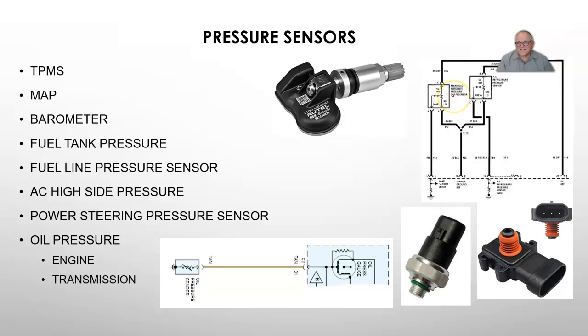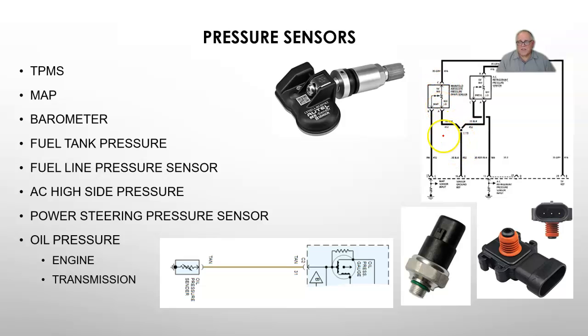Next, if this doesn't plug right into the manifold like this one would down here, there's going to be a vacuum line. Got to make sure that there's nothing plugged in the vacuum line or the vacuum line hasn't collapsed or anything like that. Check your base problems first before you go looking at the sensor. If it's connected up to the manifold good, has a good 5 volt reference, good signal, but the output is not correct, time for a new MAP sensor.